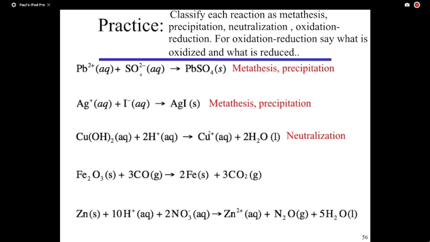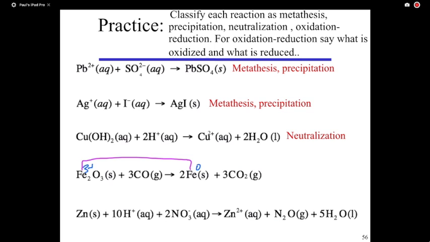Looking at iron 2 oxide, iron 3 oxide plus carbon monoxide yields iron plus 3 carbon dioxides. What you see is, iron here is a 3, here it's a 3 plus, here it's a 0.